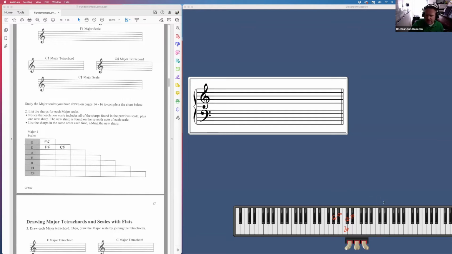On the bottom of page 16, we are simply writing in the sharps that occur in these keys. So key of C had 0 sharps, new key, key of G, F sharp, new key, key of D, F sharp, C sharp, new key.